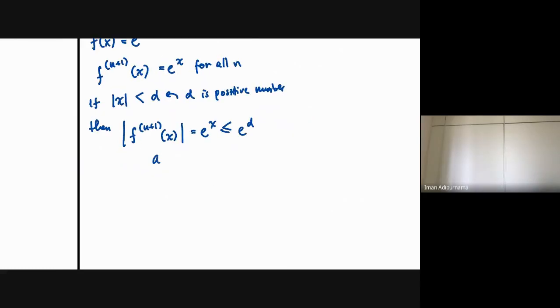So with a equals 0 and M equals e to the d.